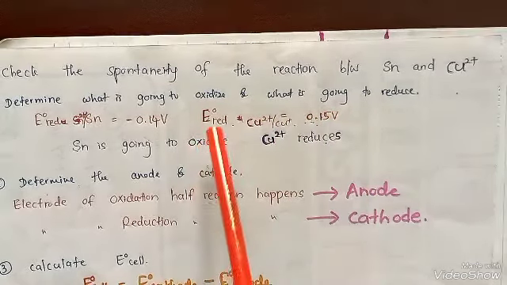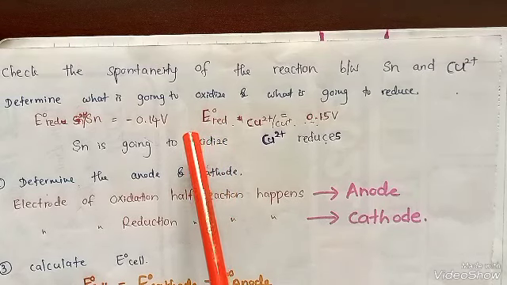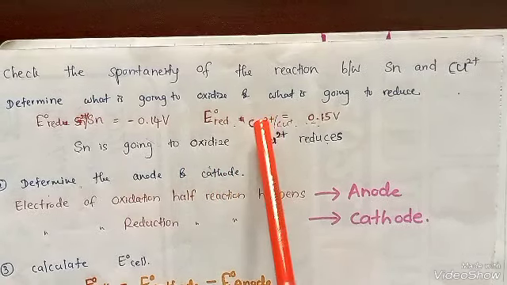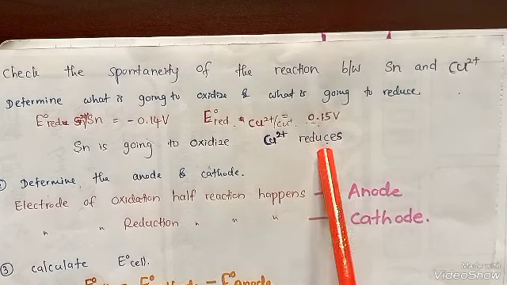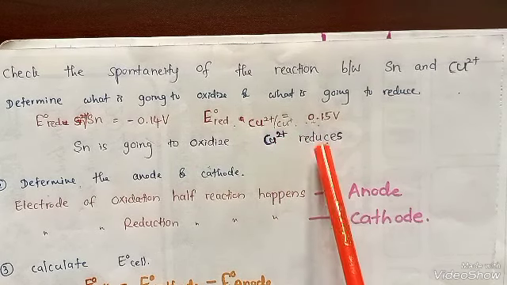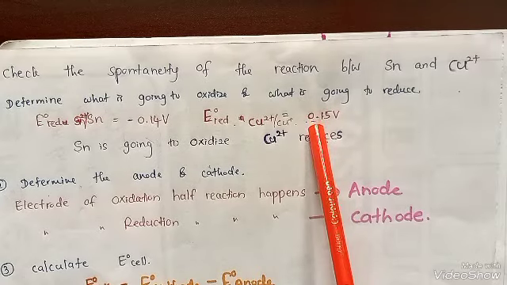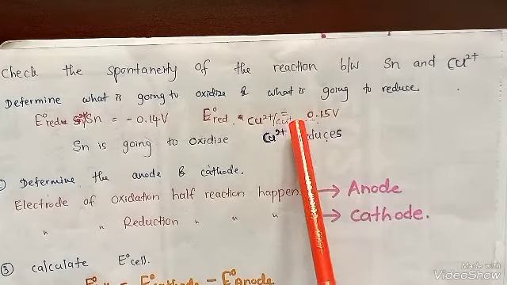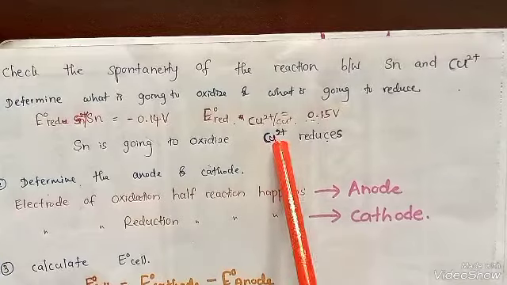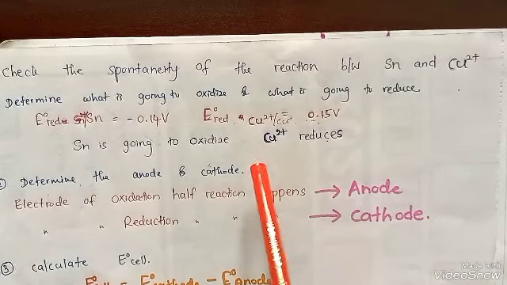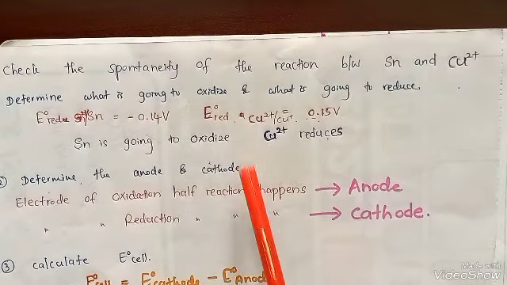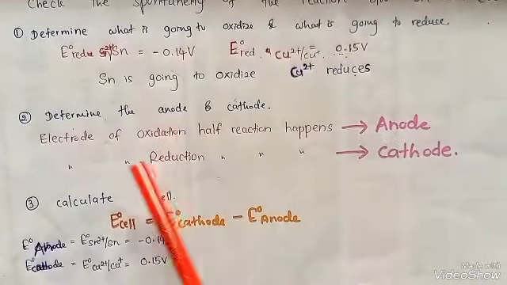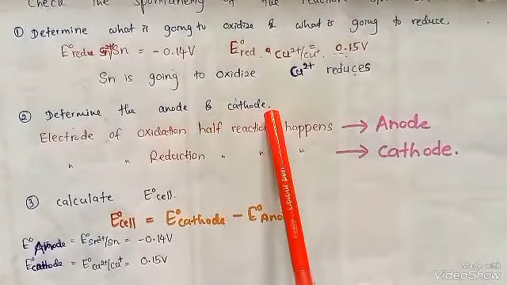So the highest reduction potential is for copper. When the reduction potential is higher, it is going to reduce. Therefore, in this case, copper 2 plus is going to reduce and tin is going to oxidize.